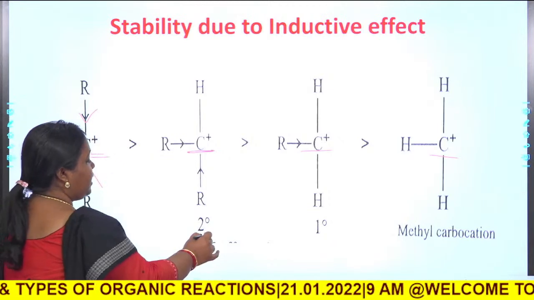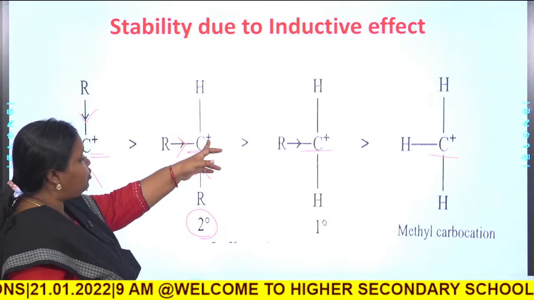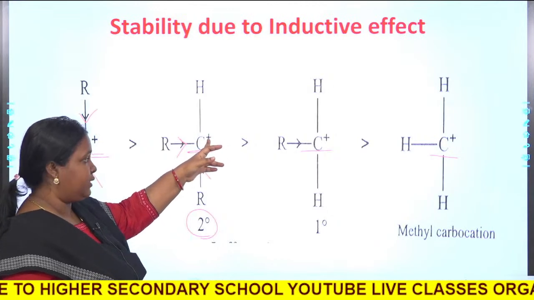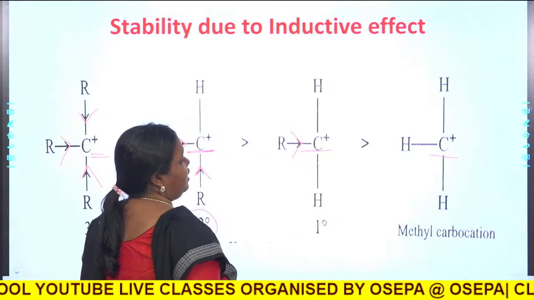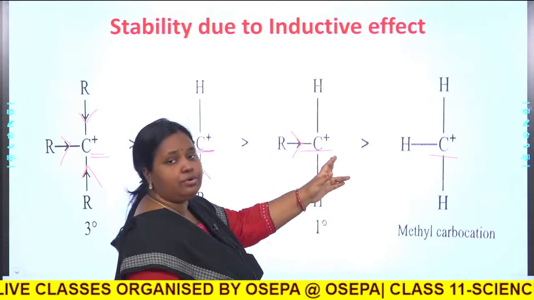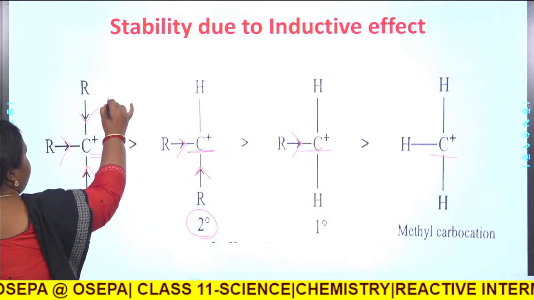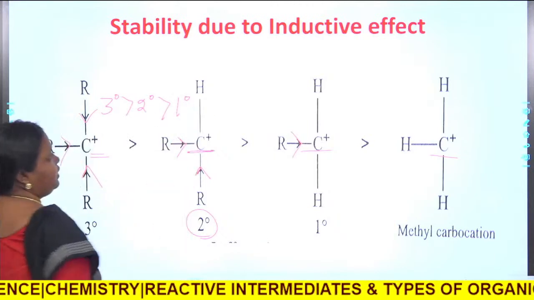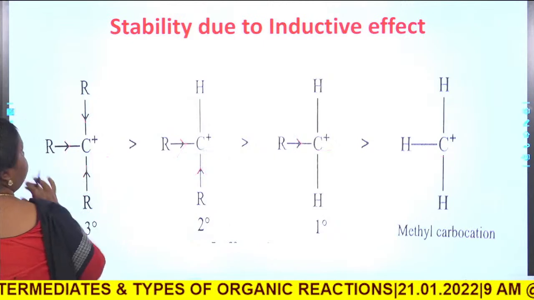Then in case of secondary, 2 alkyl groups are supplying electron to this carbocation. On the basis of inductive effect, I am explaining this. And in case of primary, only 1 alkyl group is supplying electron to this carbon. So, the degree of stability will be tertiary greater than secondary greater than primary on the basis of inductive effect.